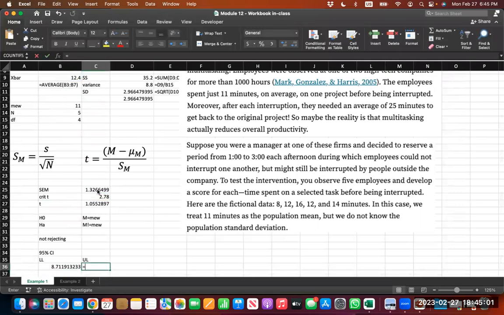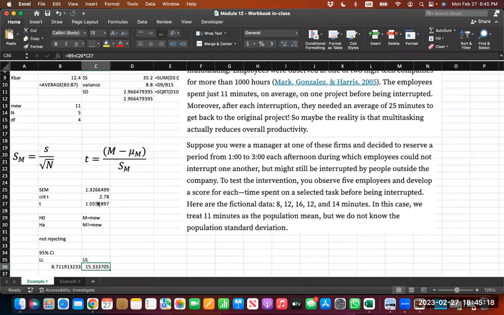The upper limit is calculated in the same fashion. We're taking our X bar plus critical value multiplied by standard error of the mean. And that's our 95% CI.